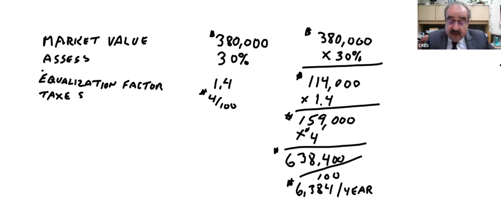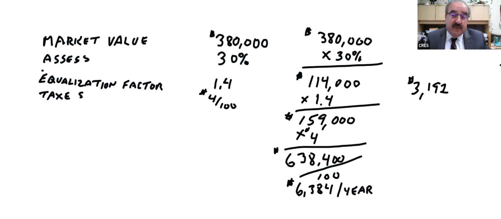Since taxes are paid in 2 equal installments, you divide $6,384 by 2, and the taxes come out to $3,192. And that's for the first installment. The second installment will be the exact same amount.